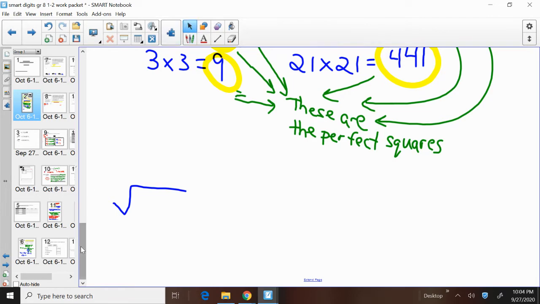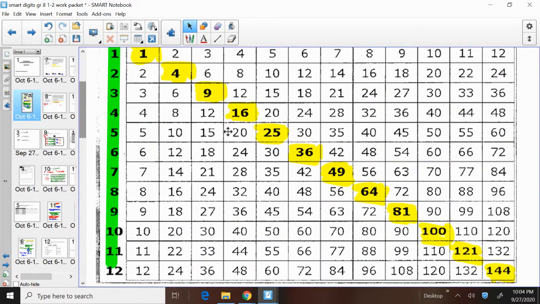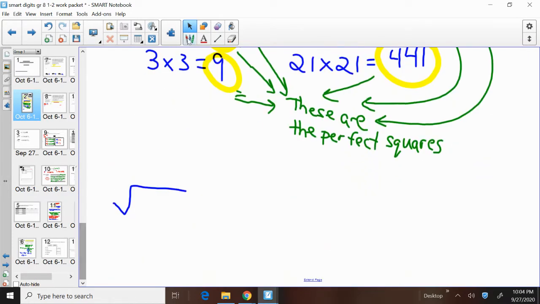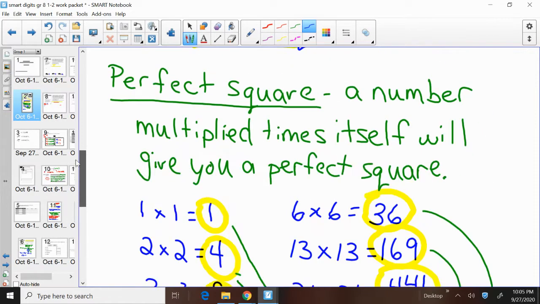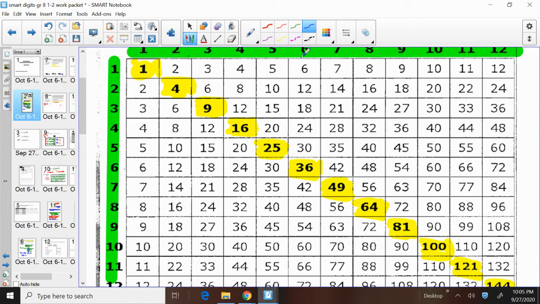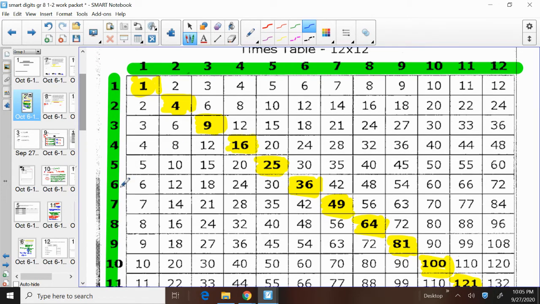If I take one of those perfect square numbers, let me pull 36, the square root of 36 equals 6. All you do is find the perfect square and ask yourself what number multiplied times itself gives it. In this case, it was 6 times 6.